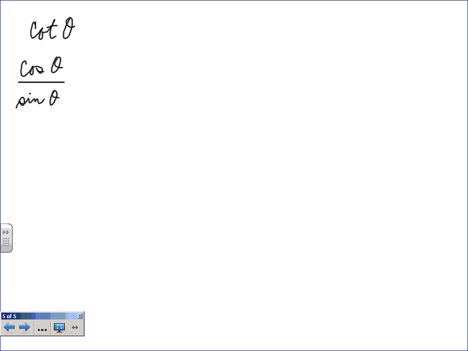So I look at the Pythagorean identity, the one that says sine squared theta plus cosine squared theta equals 1. And if I subtract, remember we have three forms of this, correct?